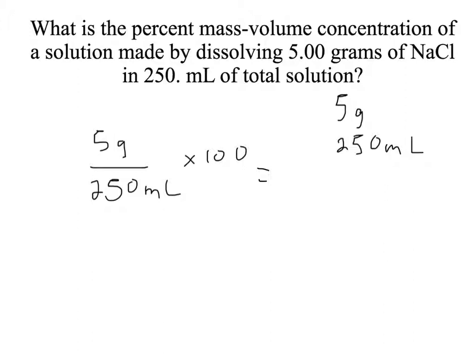So figure that out there. 5 divided by 250 on our calculators times 100 equals 2% W/V sodium chloride solution.